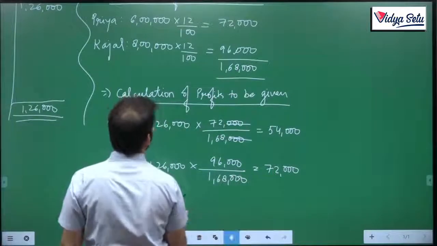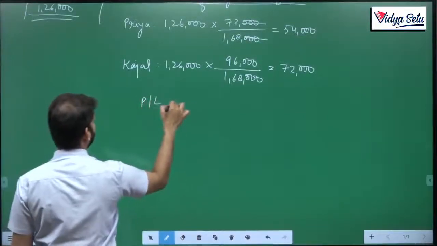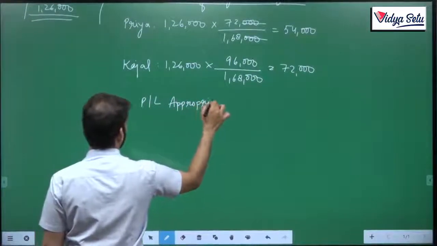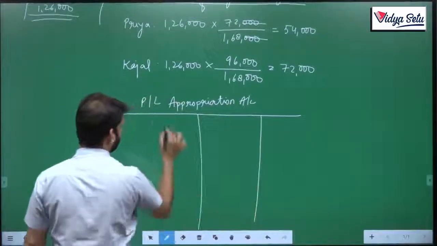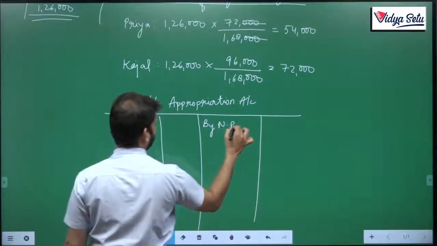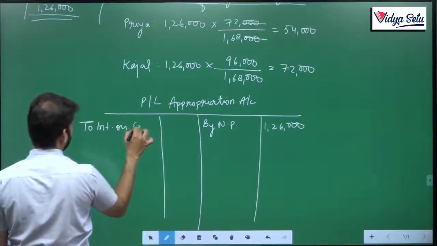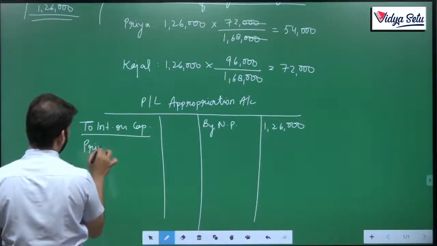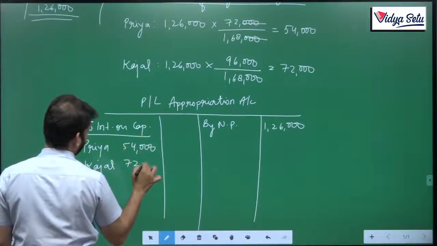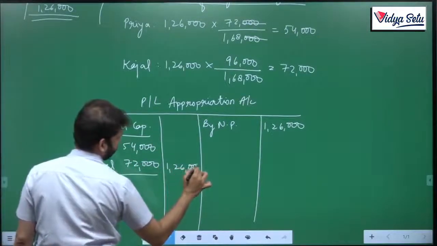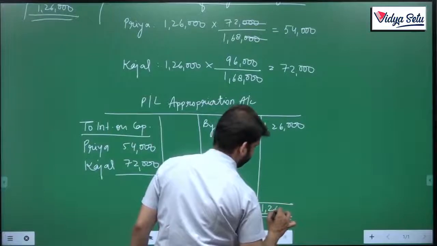So, our profit and loss appropriation for this will look like this.